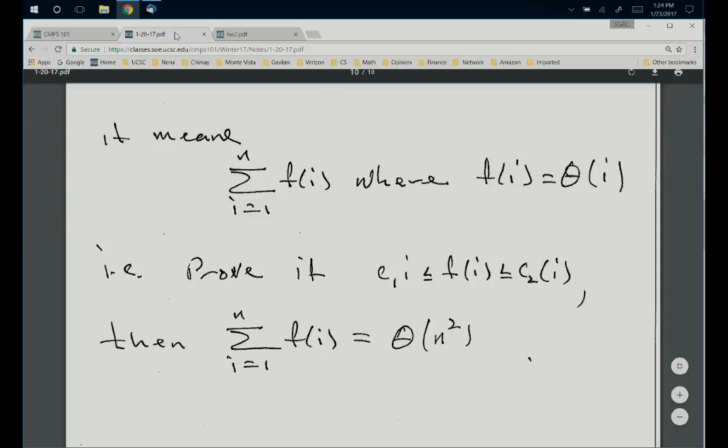I think it's very helpful to hold this up next to the definition of big O. Recall, big O of g of n is also a set of functions such that there exists a positive c, there exists n naught, positive, such that for all n greater than or equal to n naught, 0 less than or equal to f of n less than or equal to c times g of n.